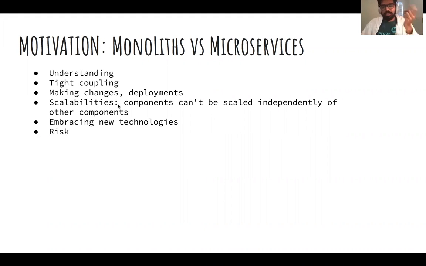embracing new technology. This is also another cool feature: microservices are independent of each other. Nishant could be writing a service in Golang, I could be writing a service in Python, and Sheikh Mahmood, who's on the call, could be writing a service in JavaScript.